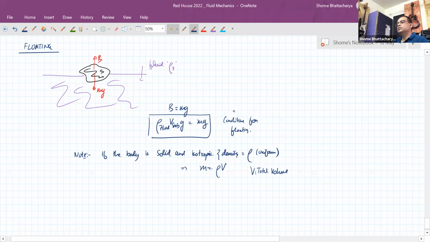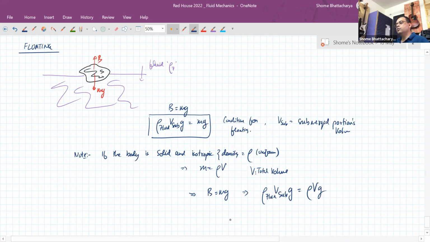Because obviously in this equation, this is the submerged portion's volume. So anyhow, if it's an isotropic body like that, we can replace the equation that buoyant force balances weight with the equation that density of fluid into volume of submerged part into g is the uniform density of the body into its total volume into g.